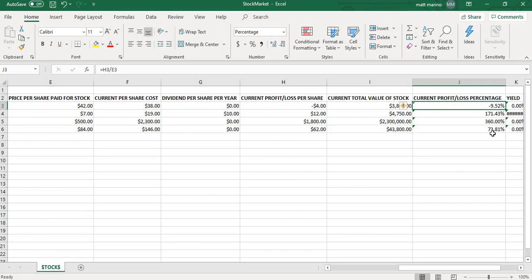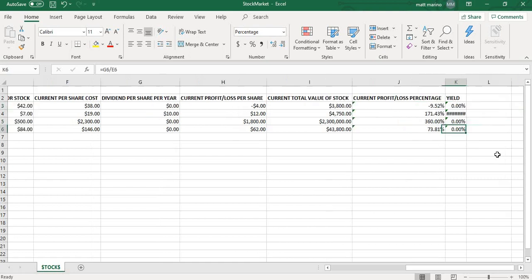Current profit loss percentage takes our current profit loss per share divided by our price per share paid for the stock. So we have lost $4 per share with Twitter divided by the price we paid gives us a loss of 9.52%. All of our other stocks have grown quite well.